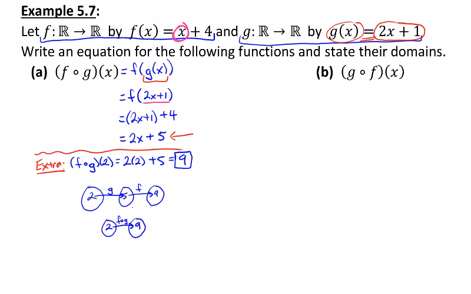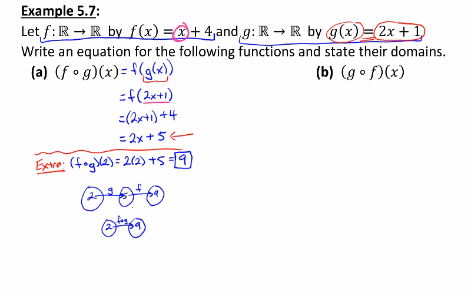We'll come back and talk about the domains of part A and part B in just a moment. What I'd like to do is look at the equation calculation for g composed with f. We're using the same two functions again, but we're switching the order of the composition, and this is going to give us a slightly different result.